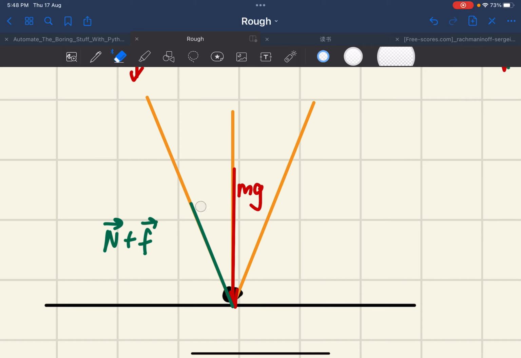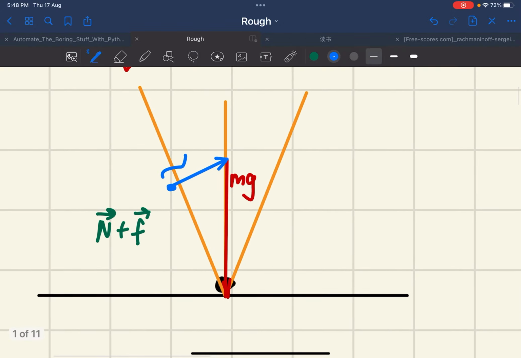This means that in order for the box to start moving, we should choose our blue force so that it has a tip right here, it has a tail outside here, but we want to minimize the length of this blue vector so that we minimize the pushing force that we provide to the box, but we'll still make it move.